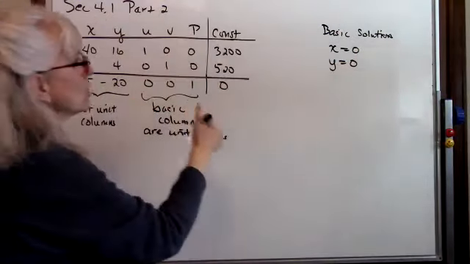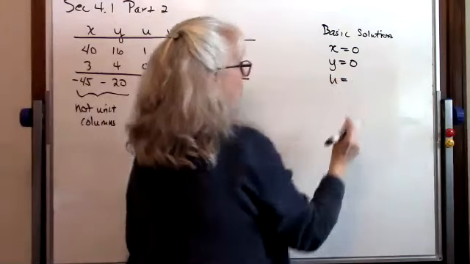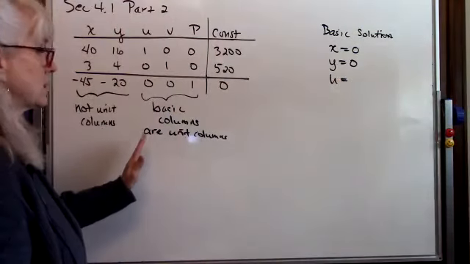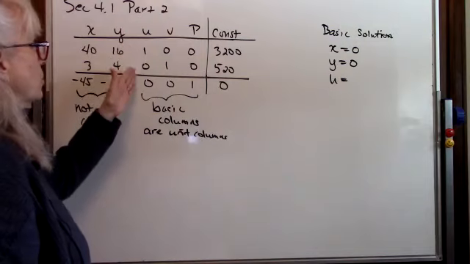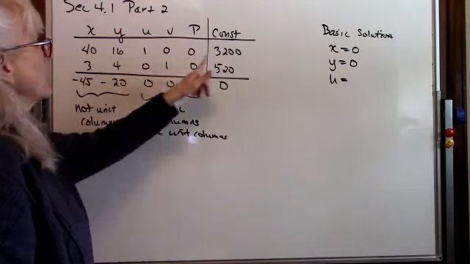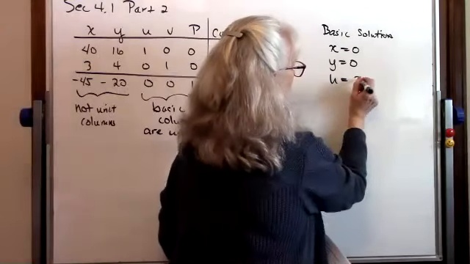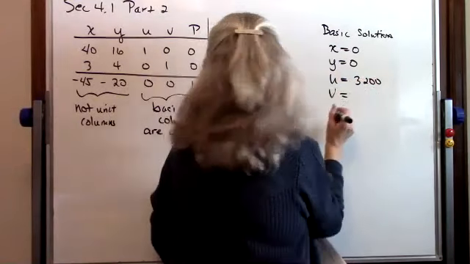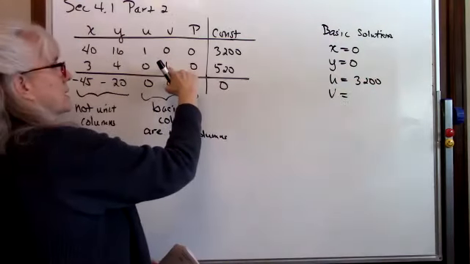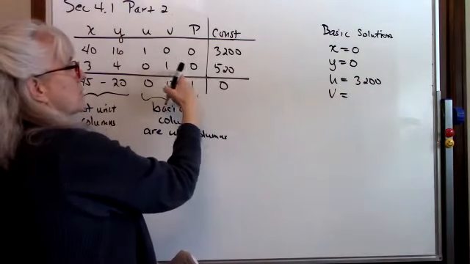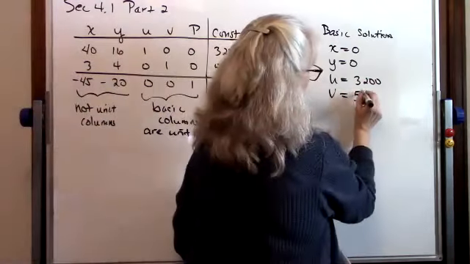But when I get over to u, the u column is already made into a unit column because it has a 1 followed by zeros. So u would be equal to the 3200. The v would be equal to, again, it's a unit column because it has a 1 and 2 zeros, so v would be equal to the 520.